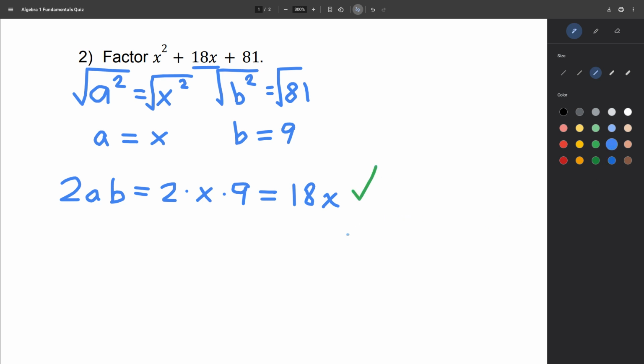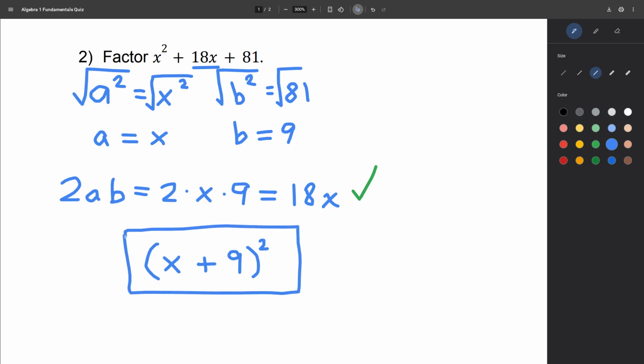So this is a perfect square trinomial, so it'll be the quantity (a plus b) squared. So in this case, a is x, and b is 9. So it's going to factor to (x plus 9) squared. And that's our solution for that one.